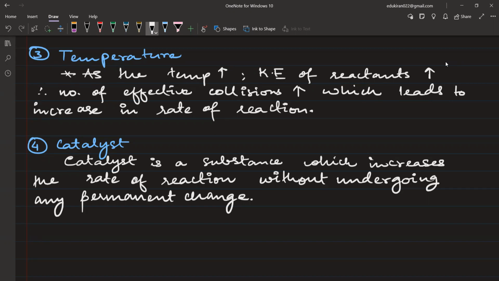Catalyst will change its form in between the reaction, but at the end you are going to get the catalyst as it is. Temporary changes happen in the reaction.